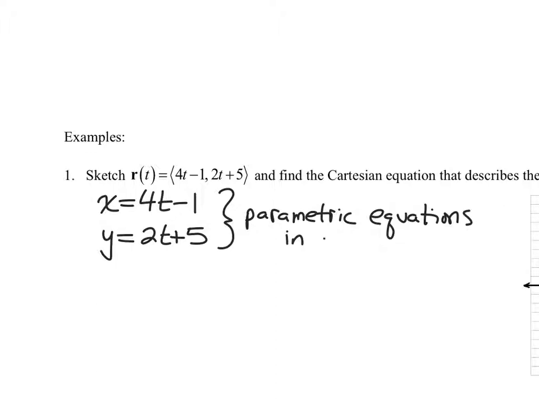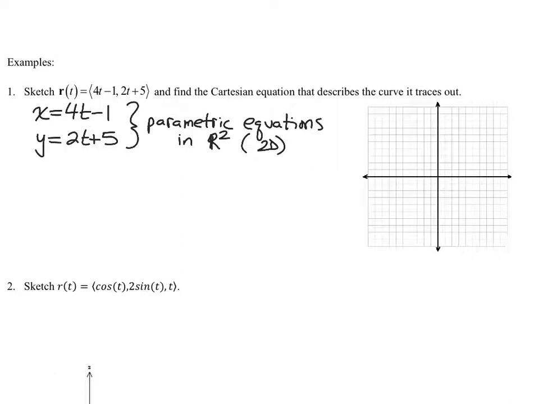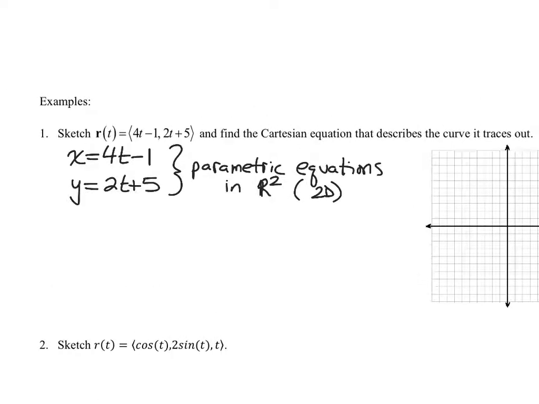I'll write it this way: real space dimension 2, but it just means 2D. So how would you graph that?